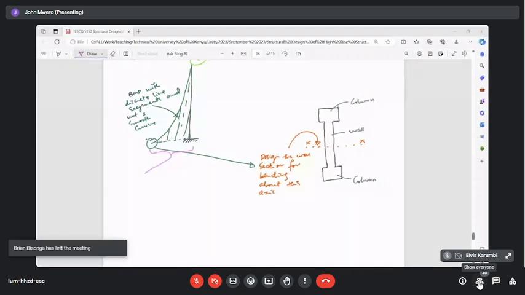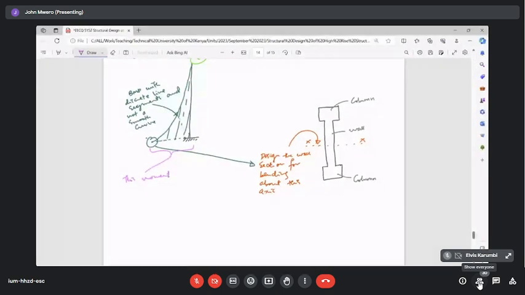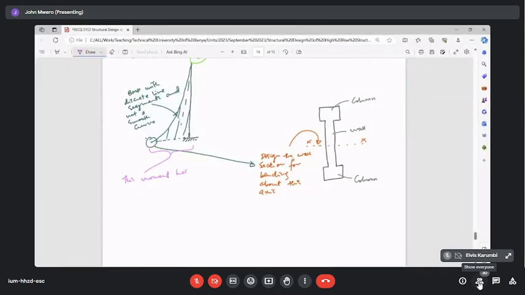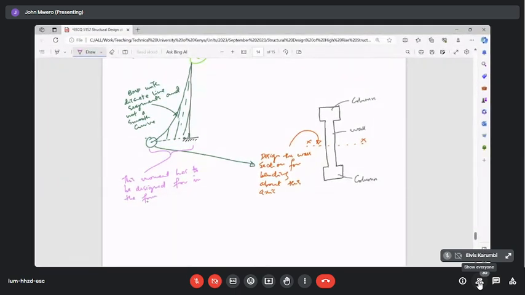So this moment has to be designed for in the foundation, for the shear walls.